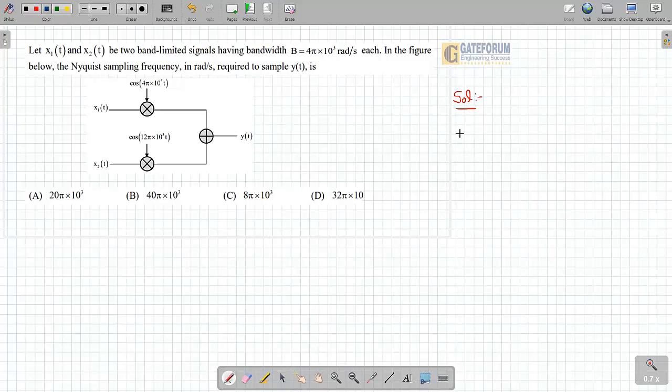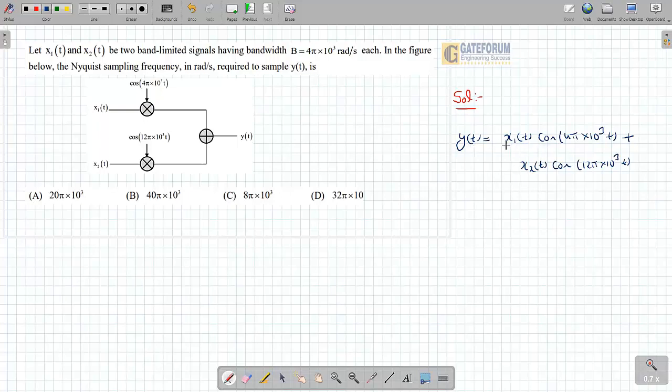So I can write y(t) is x1(t) cos 4π×10^3 t plus x2(t) cos 12π×10^3 t.